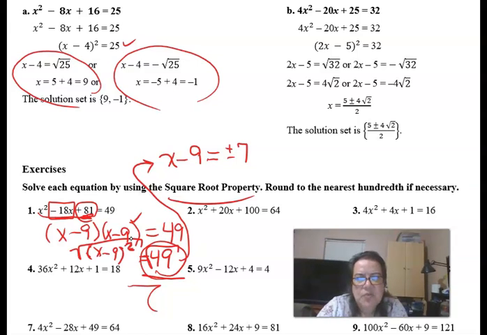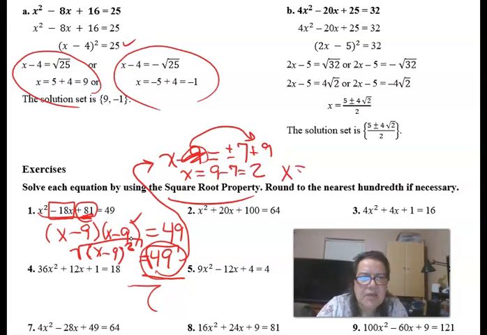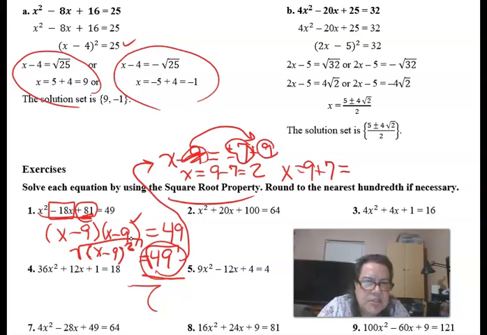So we've got two situations. x is going to equal, see, we move this 9 this way. It was minus 9, so it becomes a plus 9. So now x can either equal 9 minus 7, which is 2, or x can equal 9 plus 7, which is 16.